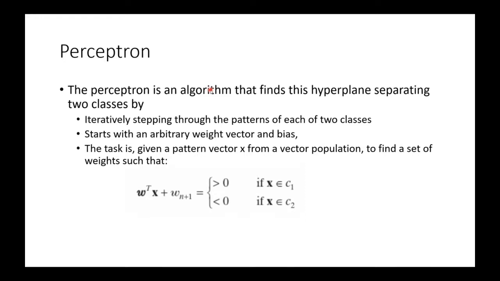Perceptron is just an algorithm that finds this hyperplane separating 2 classes, and it does that by iteratively stepping through the patterns of each of these 2 classes.